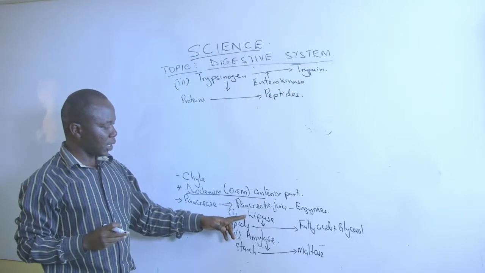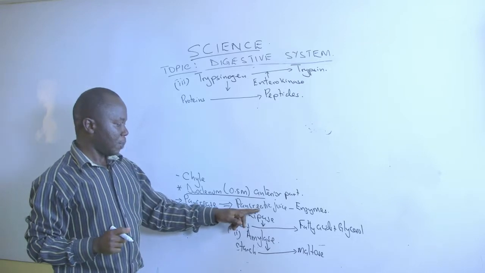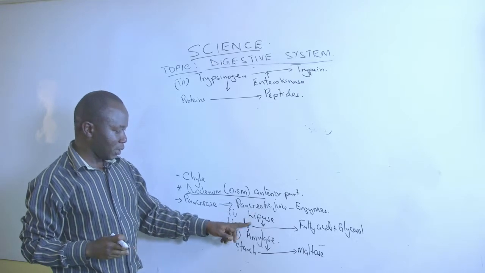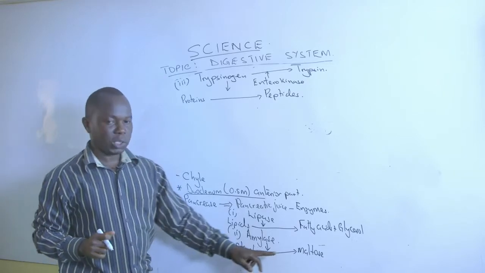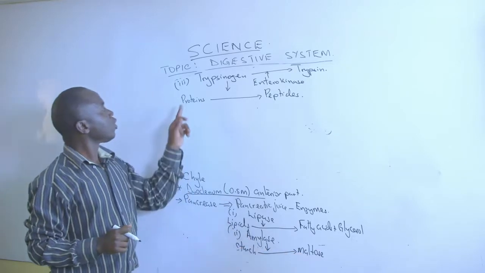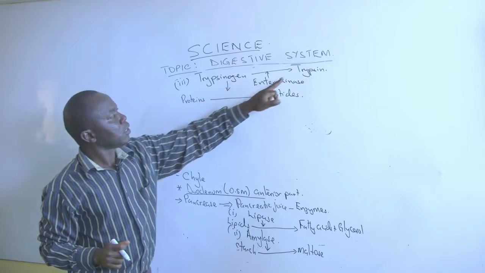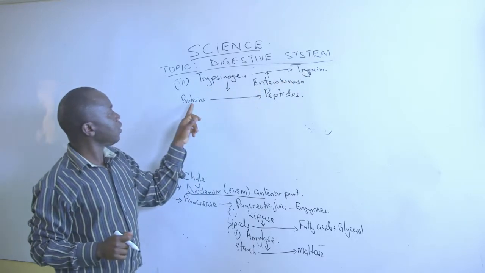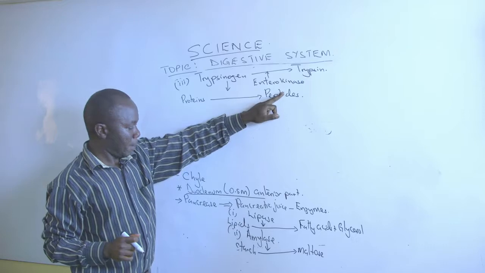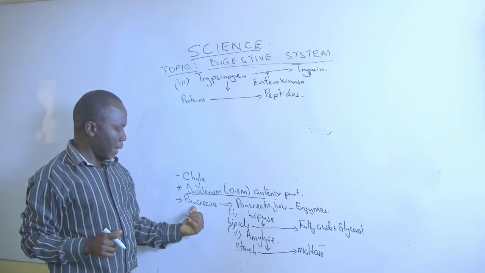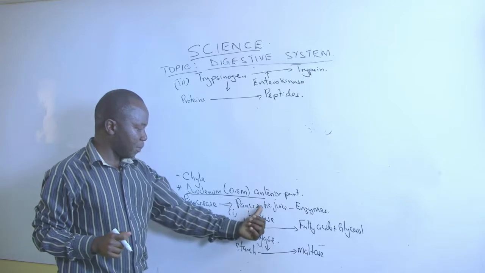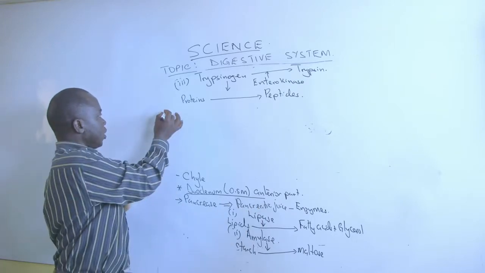So you have come across three enzymes in pancreatic juice: lipase, lipids to fatty acids; amylase, starch to maltose; trypsinogen, active form trypsin, proteins to peptides. They are secreted by the pancreas in the form of pancreatic juice.